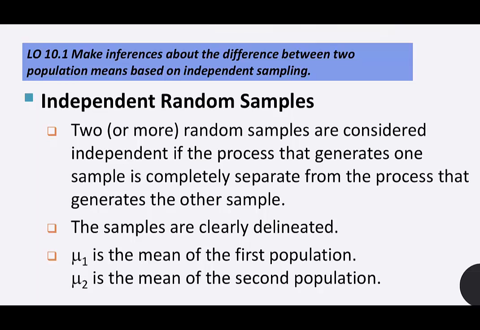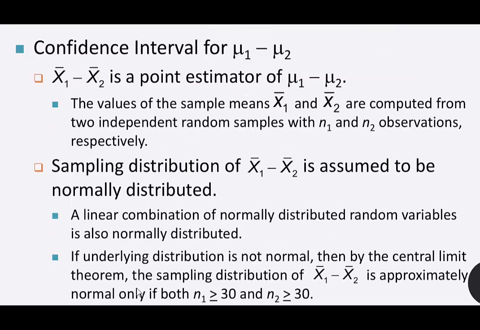We want to make sure that we've got the 2 separate samples, and we're going to call their means mu1 and mu2. We want to do a test that will show whether mu1 is equal to mu2 or not equal to, or whatever the case may be. We call this difference a confidence interval between mu1 and mu2, and the way you will normally see it written is mu1 minus mu2 equals 0, or mu1 minus mu2 does not equal 0.